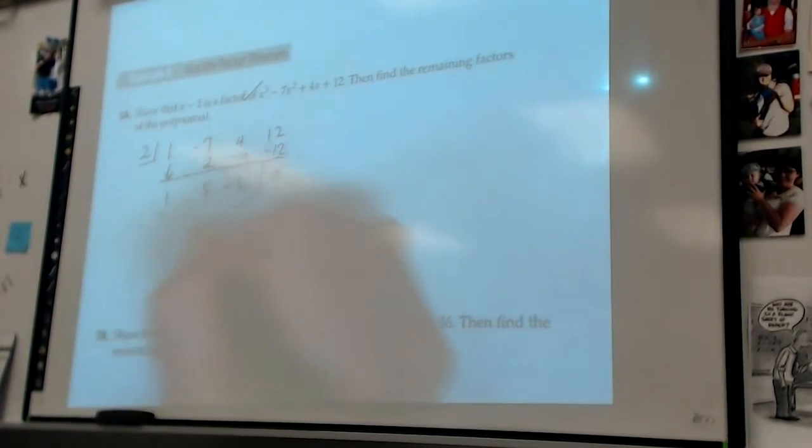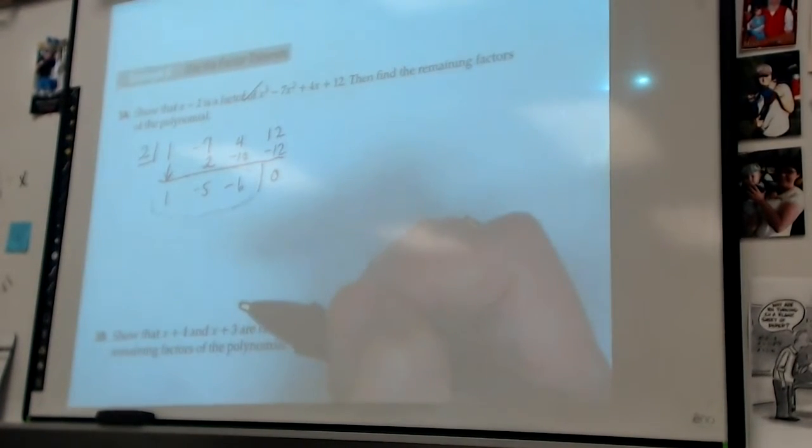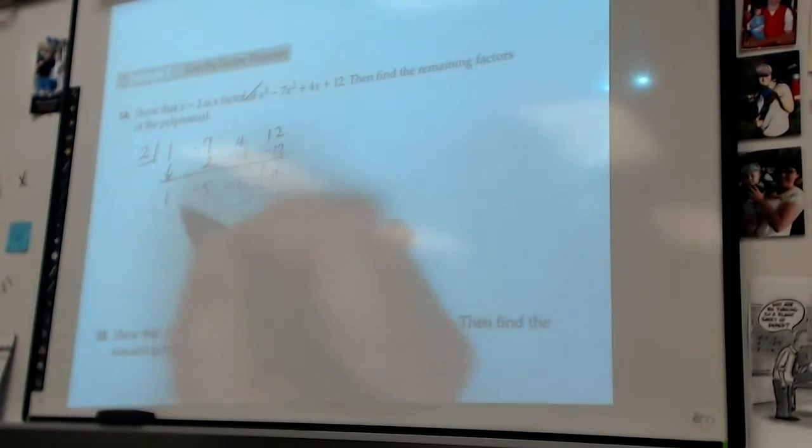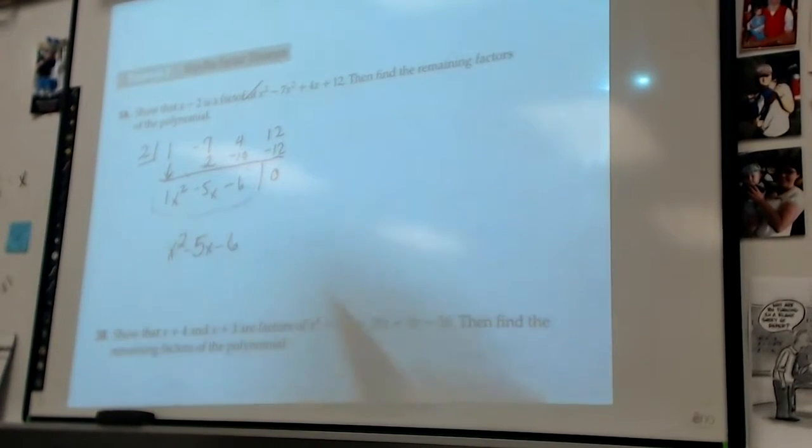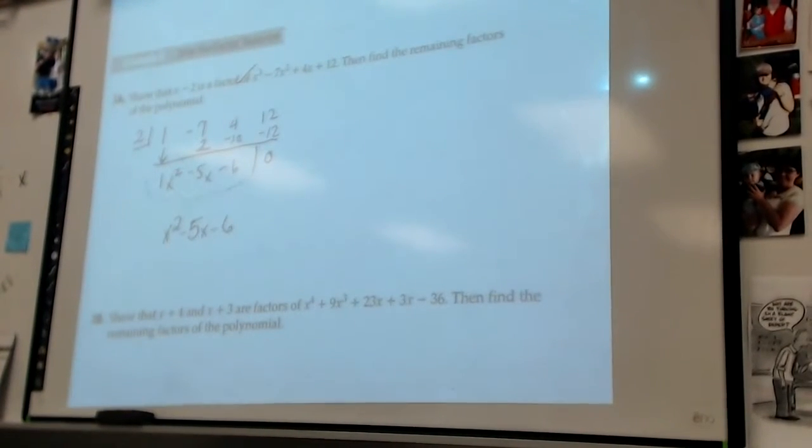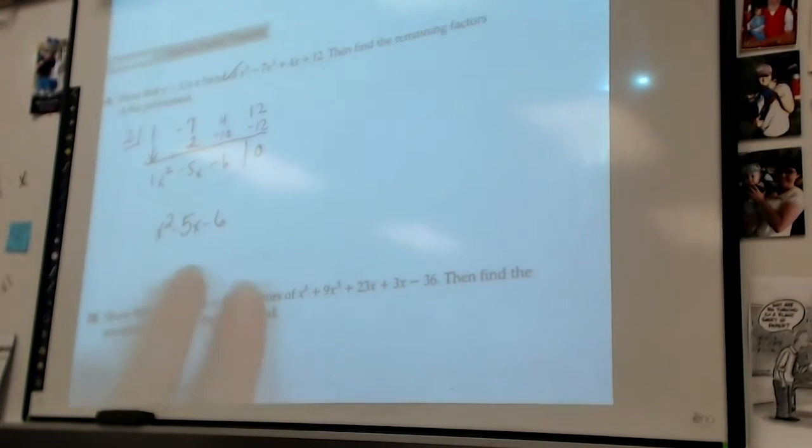So what are these coefficients? I mean, what do they go with? X squared minus 5x minus 6. So now we have a quadratic. And if you want to find the remaining factors of a quadratic, try factoring it. Okay? There's no GCF.